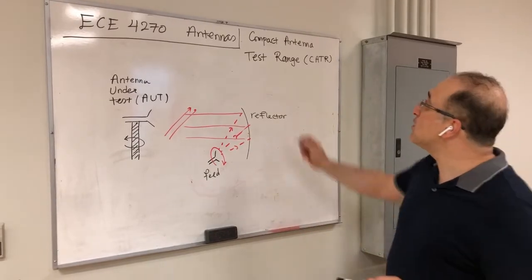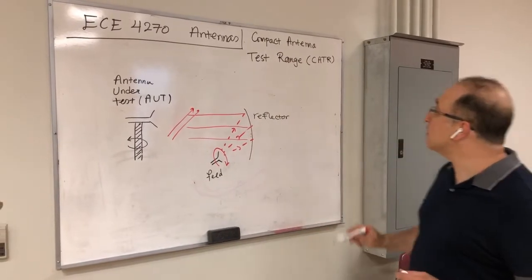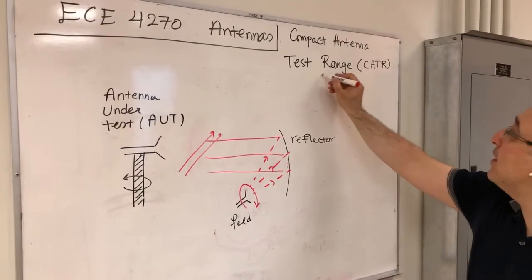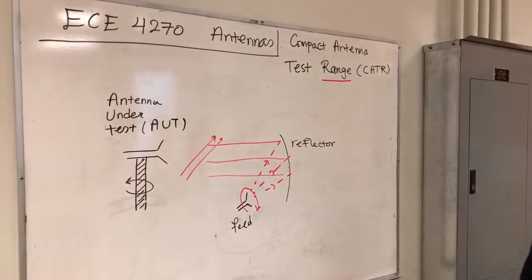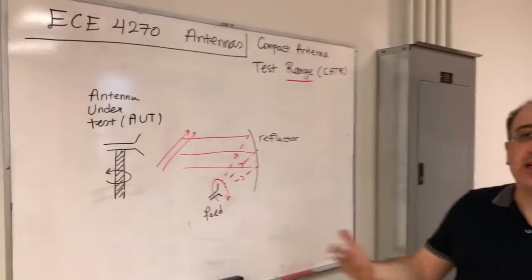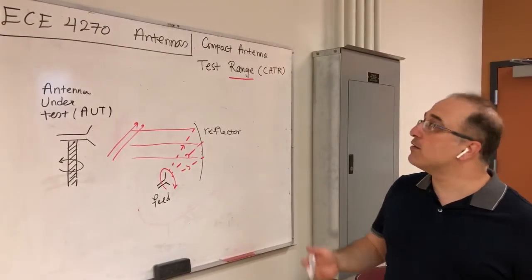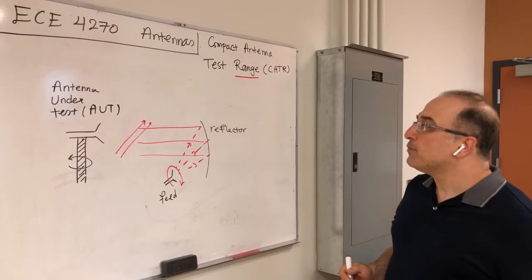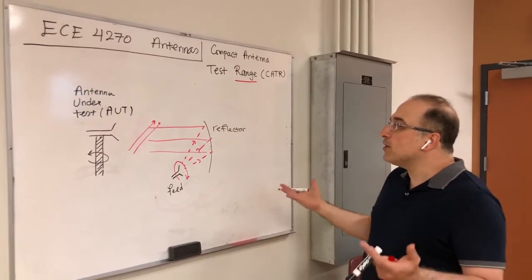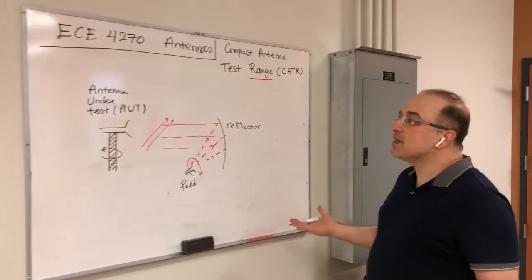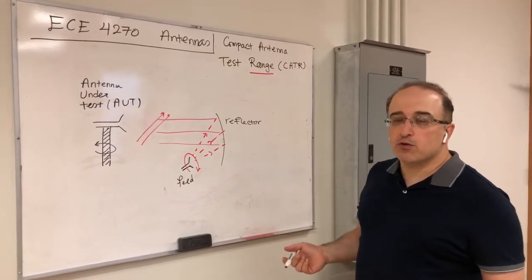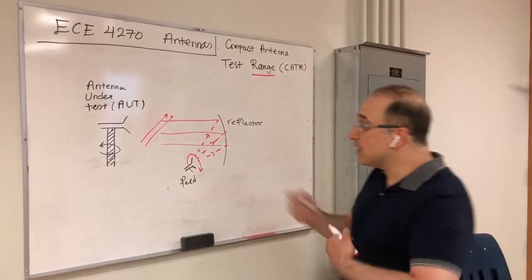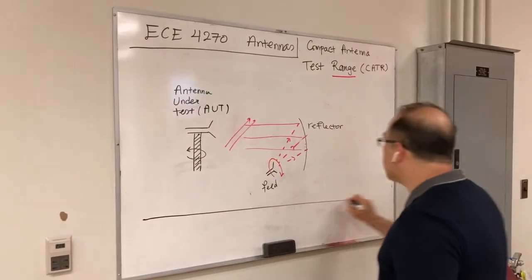So this system is called a compact antenna test range, or in abbreviation CATR. The range usually refers to the antenna measurement system. So we say this is a near field antenna range, we call it compact antenna test range, and so on. If you look at it, this system is essentially creating a plane wave for you to perform your far field measurements, and this is enclosed in an anechoic chamber.